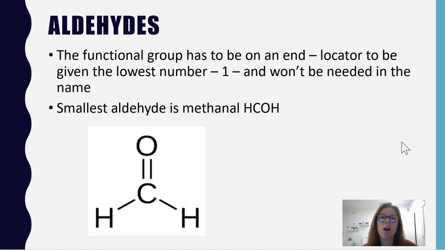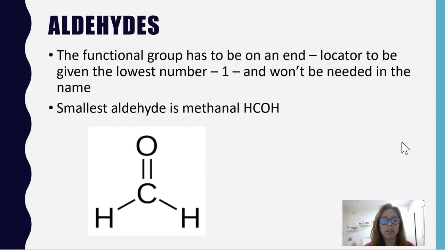The name aldehyde is the group given, but the more correct IUPAC name is the alkanal group, and that is what we use for naming. In this example we've got a simple 1 carbon. Of course we're looking at our prefix: 1 carbon is our meth group. It's a methane group, so it's methane. And looking at the C double bond O on a terminal carbon, it's methanal.